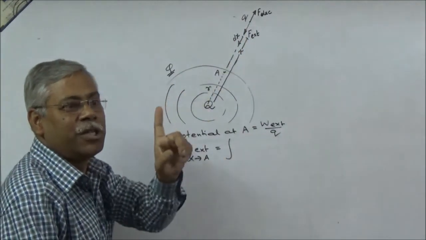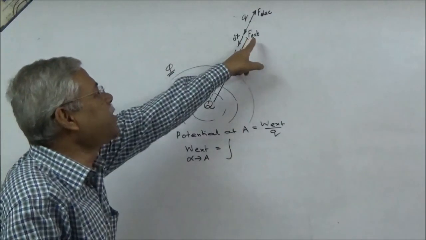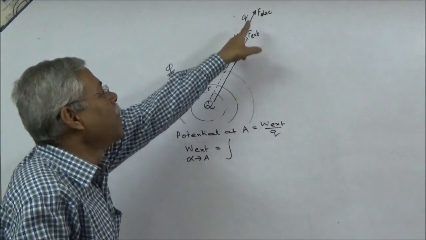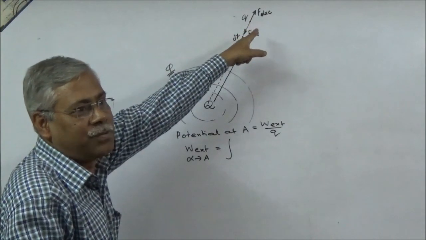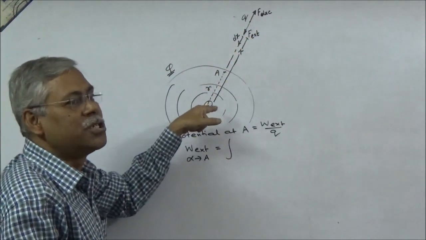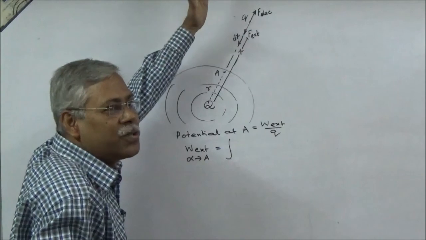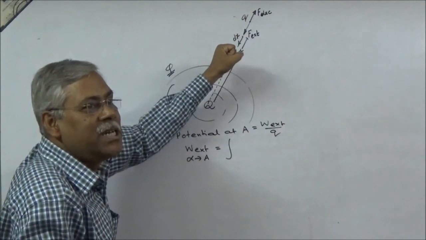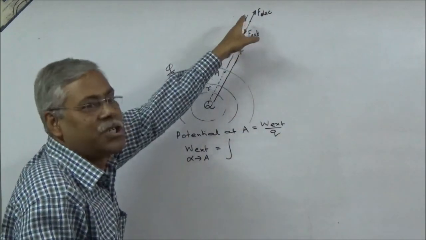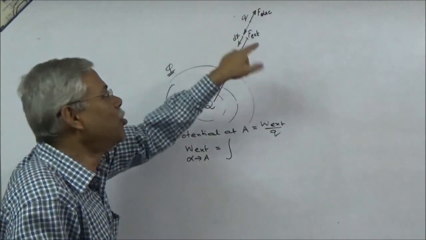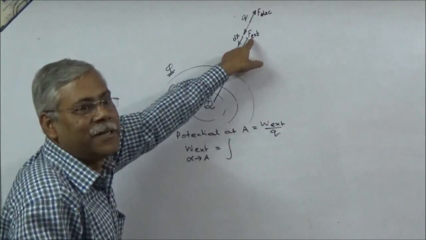If you have any confusion, tell me. Electrostatic force is trying to repel that charge. F external is preventing this charge from going away. So this is the force that you have exerted.